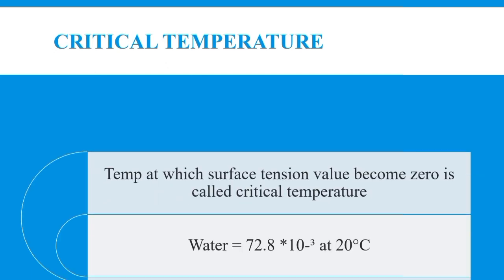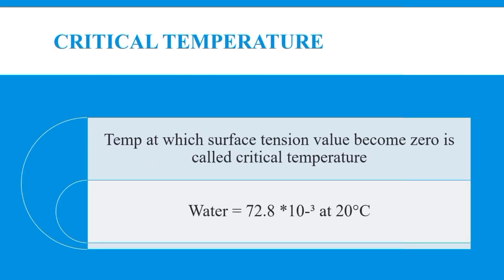Critical temperature. Critical temperature is basically the temperature at which surface tension becomes zero. Water has a surface tension value of 72.8 into 10 raised to the power minus 3 at 20 degrees Celsius. That represents the surface tension of water at 20 degrees Celsius.